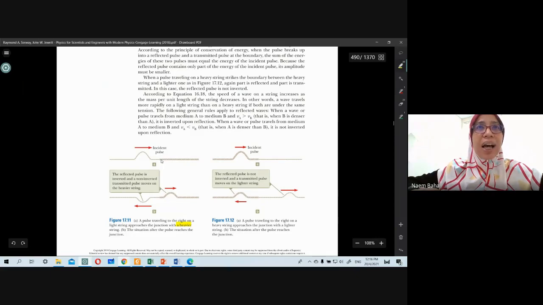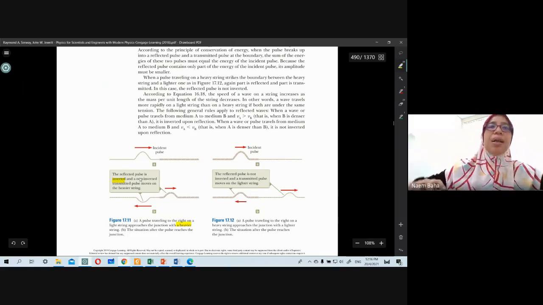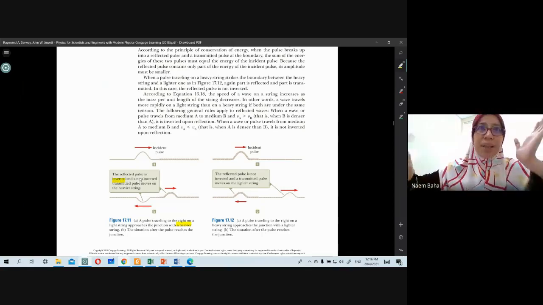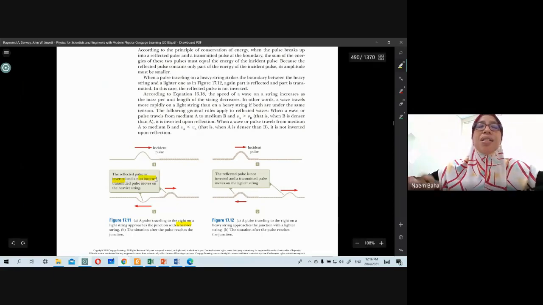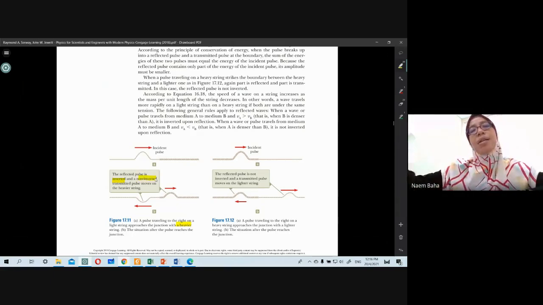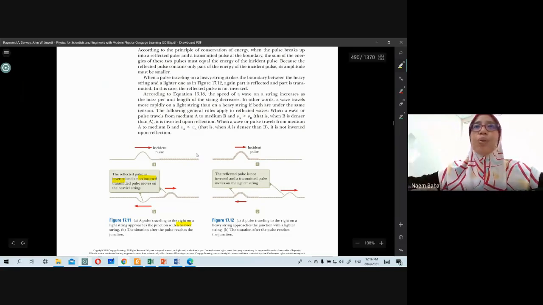Because it is higher in density, the wave gets reflected and also some is transmitted. Energy gets separated. Some goes backward in the opposite direction. Some travels onward, yet reduced in amplitude.